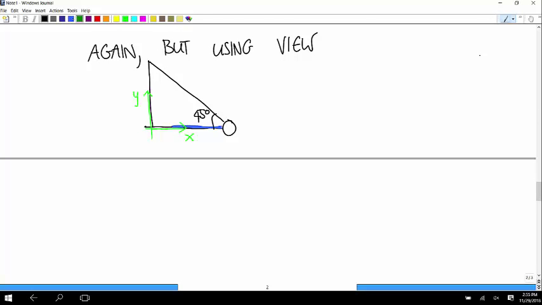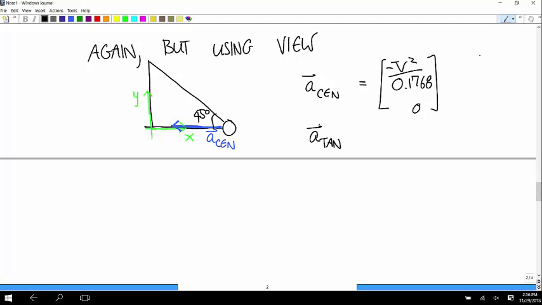Okay, so this is the centripetal acceleration. And the centripetal acceleration vector is negative v squared over 0.1768, 0 for y. Uniform circular motion, so there's no tangential acceleration.